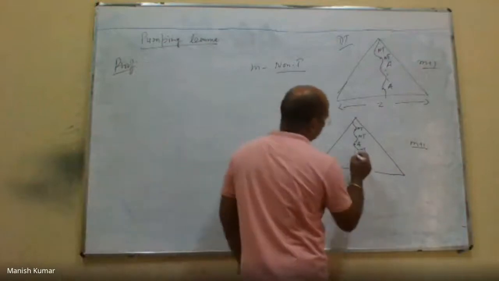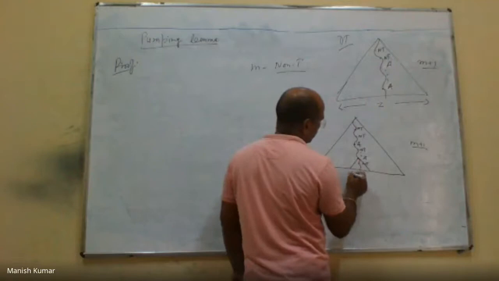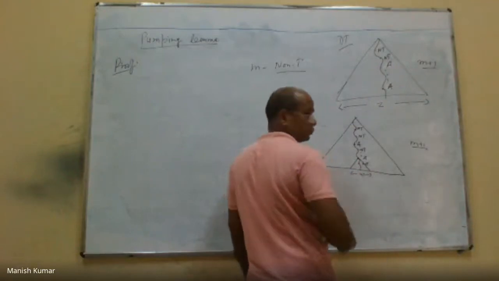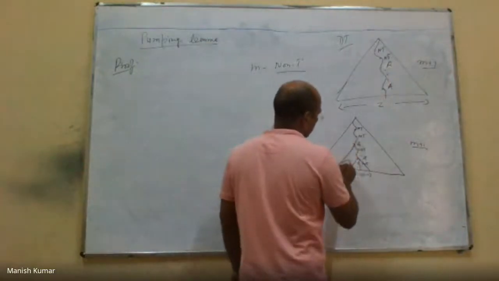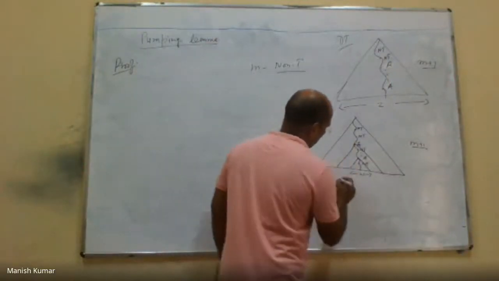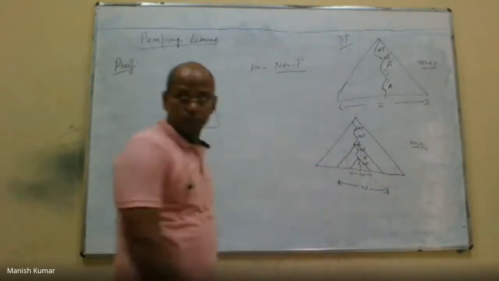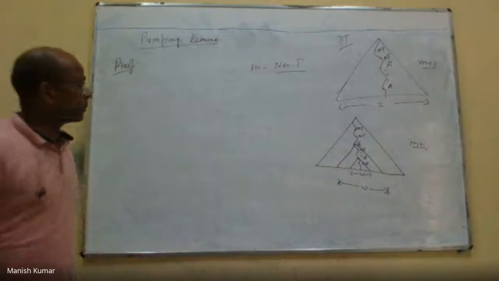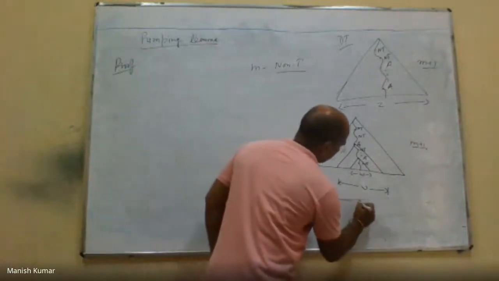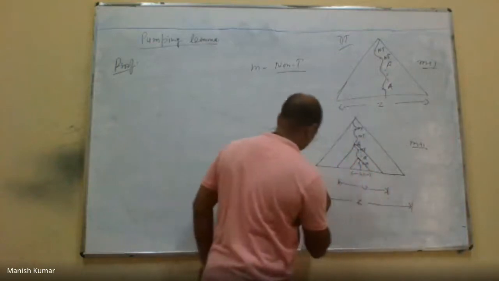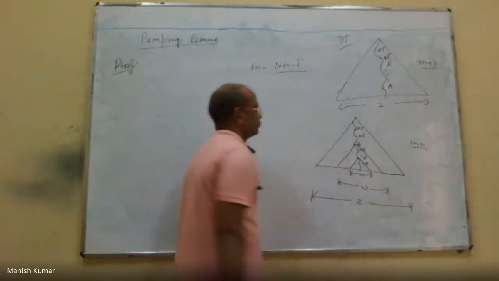This A generates this particular string w, and this particular A generates again w. This is very clear. The whole string is referred to as z. This is what we have.